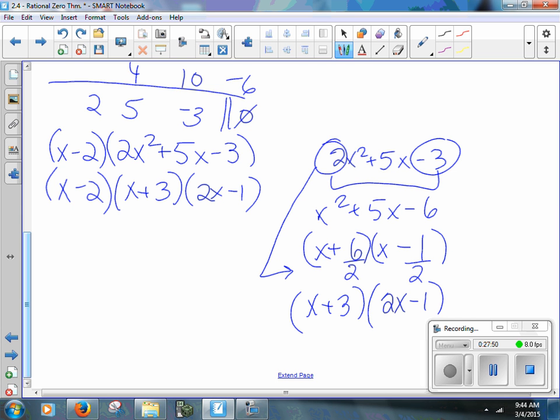If I was uncertain of how to factor 2x squared plus 5x minus 3, which you should not be, you should be able to factor that, but if you were having a brain fart like I had earlier today, could I have gone to -3, put -3 in the box and worked it out? Yeah. Is it going to work? Yes, it should work.